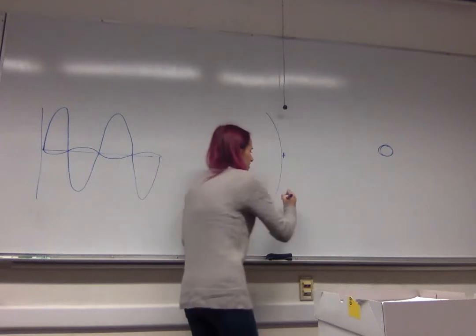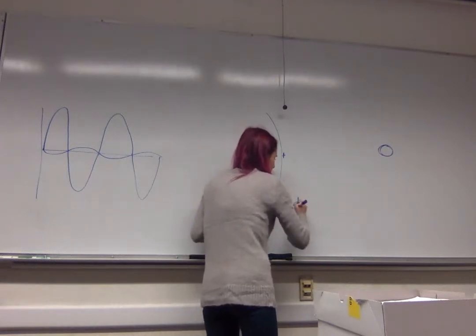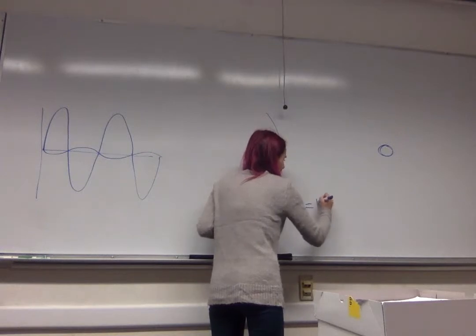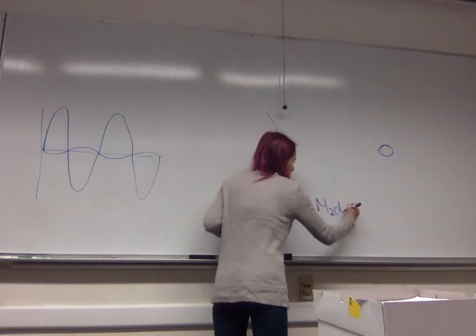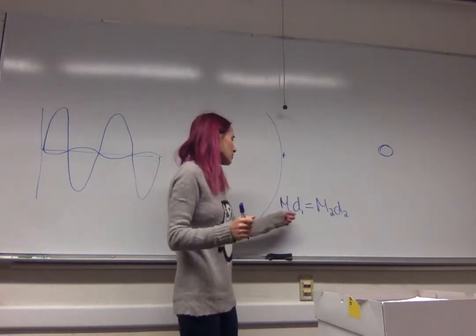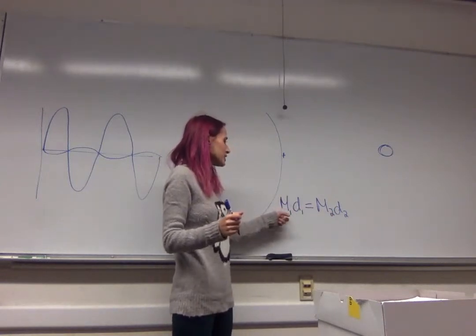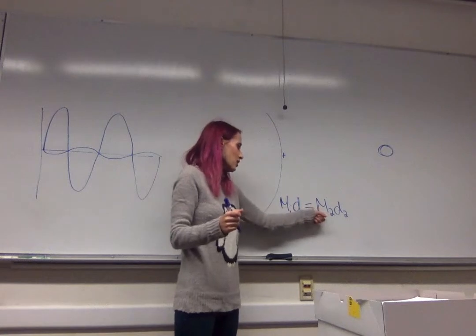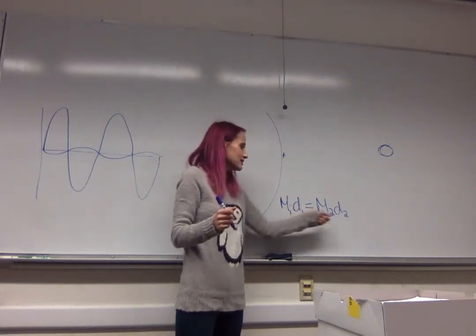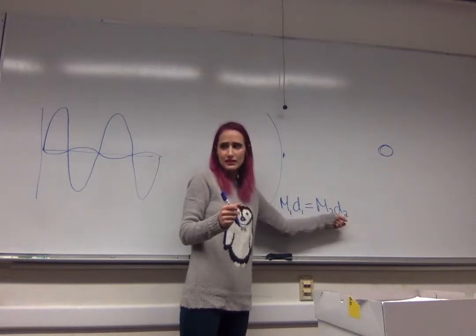So you have mass times distance, and you want them to be equal, where distance is the distance from the center of mass. If mass 1 is really big and mass 2 is really small, then mass 1 has a small distance and mass 2 has a big distance to equal each other.